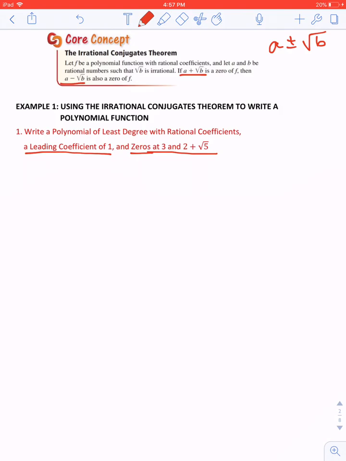If I need to write a polynomial, leading coefficient of 1, zeros at 3, and 2 plus root 5, the first thing I'm going to do is make a list of those zeros. So zeros, and I'm given 2 of them, so I have 3, and I'm given 2 plus root 5. Then I need to think through that irrational conjugates theorem.